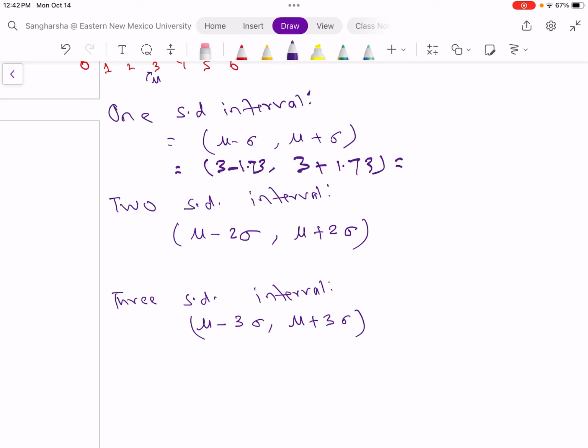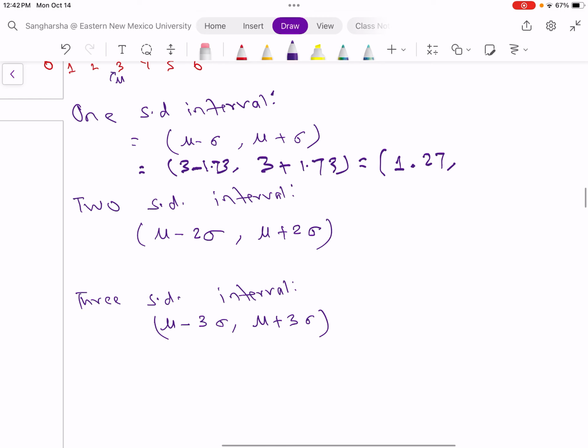So 3 minus 1.73, what is that? What is 3 minus 1.73? 1.27, okay, to 3 plus 1.73 is 4.73. So this is the one standard deviation interval.